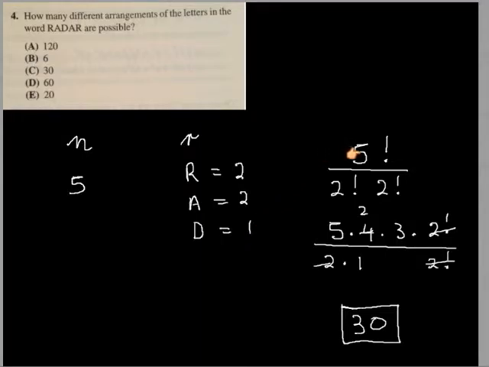So again, it'll be n factorial over r1 factorial times r2 factorial times r3 factorial, which is essentially 1. I did this by hand, but you don't have to. It's 5 times 4 times 3 times 2 factorial divided by 2 factorial, and my 2 factorials canceled. Here the 2 factorial is simply 2 times 1. I reduced 2 and 4. I was able to do this without the calculator, so I chose to do it without the calculator.